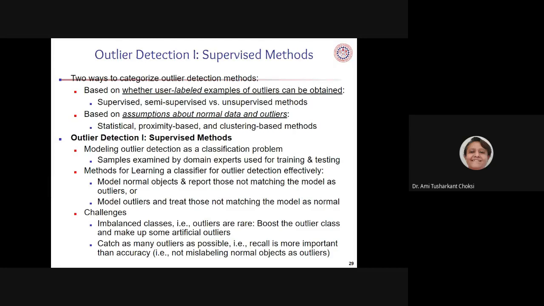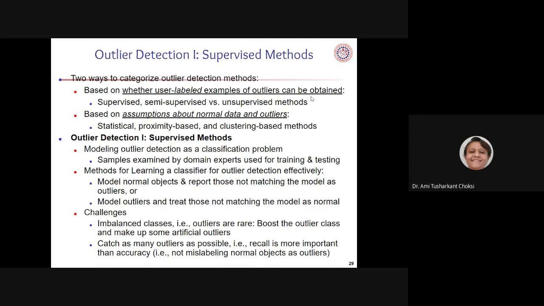These are the assumptions. So statistical, proximity-based and clustering-based methods are used for outlier detection.